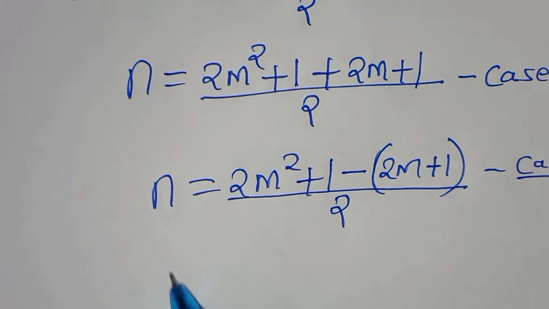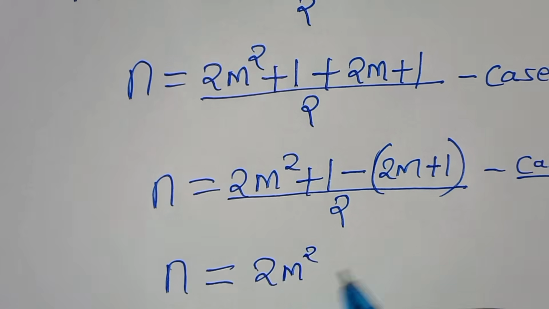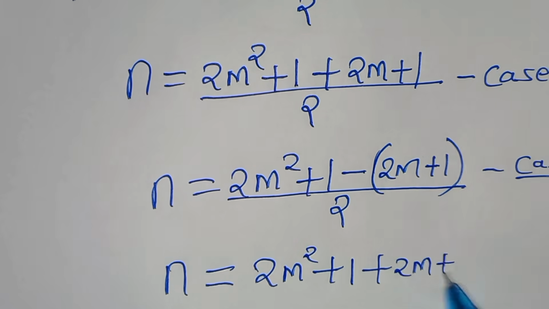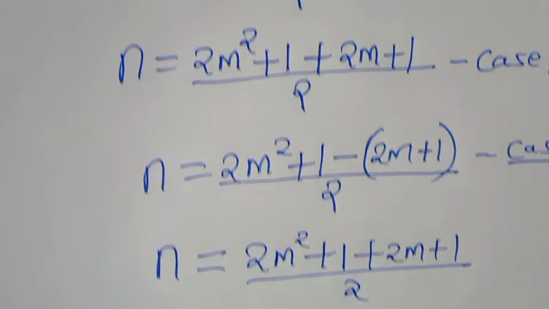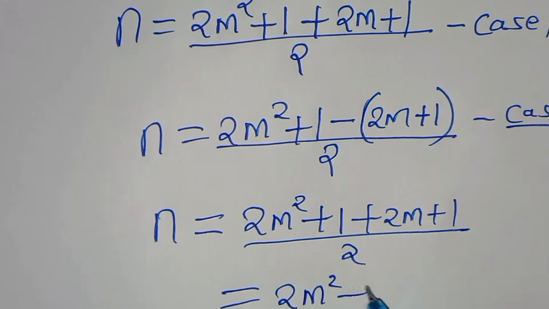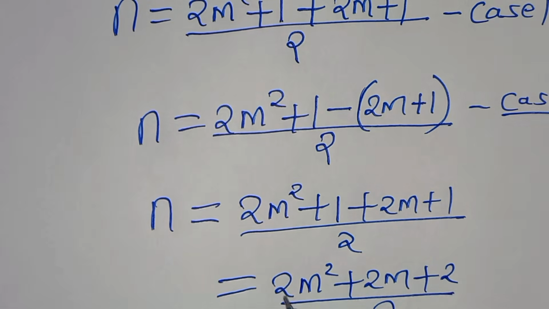Now from case 1, we have n is equal to 2m to the power of 2 plus 1 plus 2m plus 1 over 2. So this is the same thing as 2m squared plus 2m plus 2 over 2. 2 is common here.